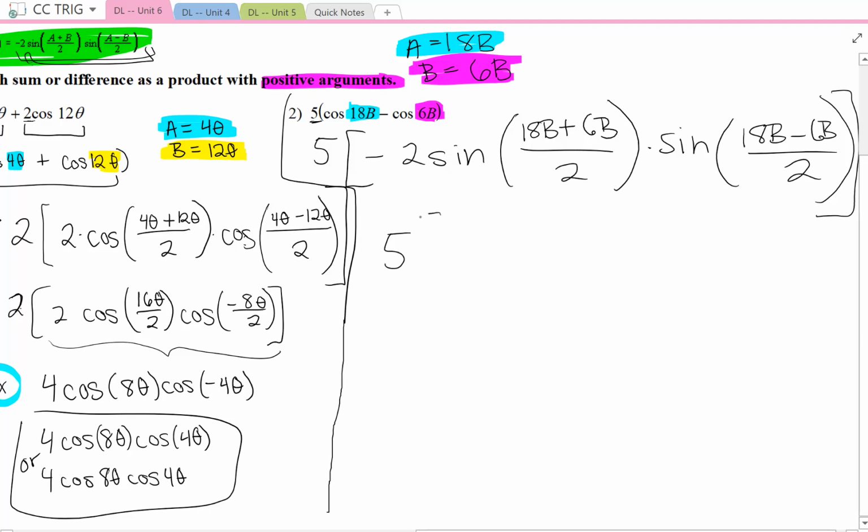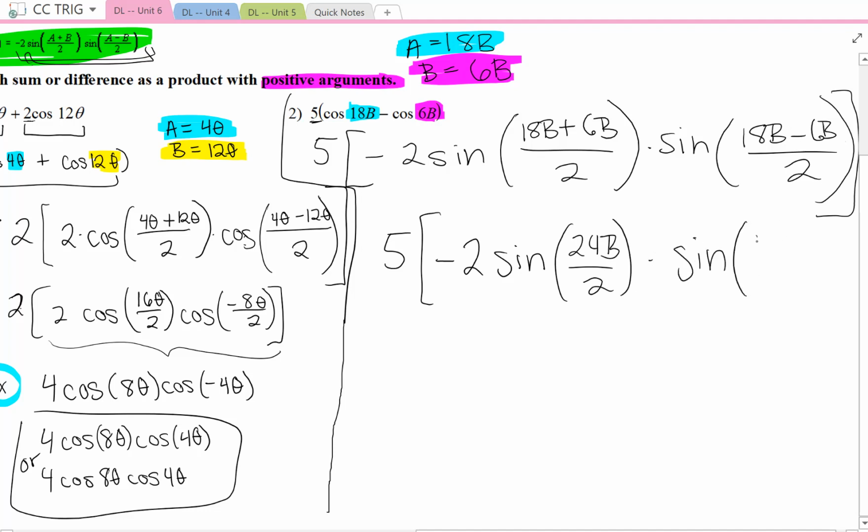Continue to simplify what is inside of those parentheses. 18B plus 6B is 24B over 2 times sine of 18B minus 6B is 12B over 2.